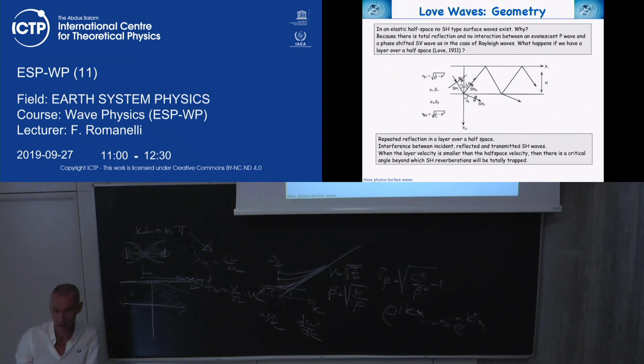Is it okay? It's exactly the same. But now you have been asking, what are all those waves bouncing up and down? I told you, those are multiple reflections. So wait a second. Maybe here there is the same condition of a plate.